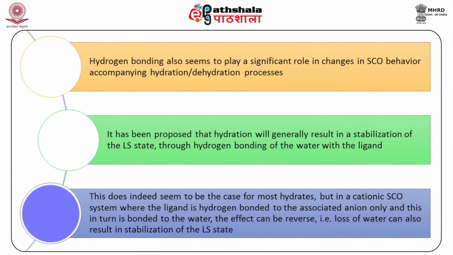This does not indeed seem to be the case for most hydrates, but in a cationic spin crossover system where the ligand is hydrogen bonded to the associated anion only, and this in turn is bonded to the water, the effect can be reversed. It explains loss of water can also result in stabilization of the low spin state.